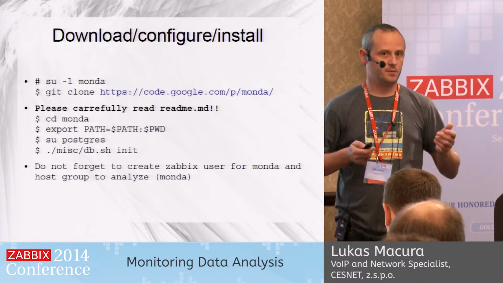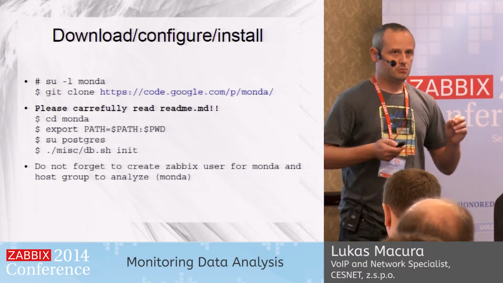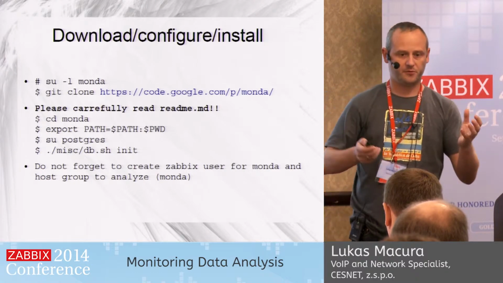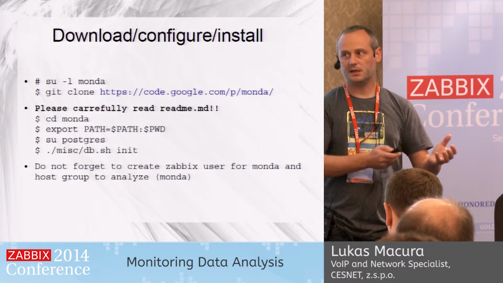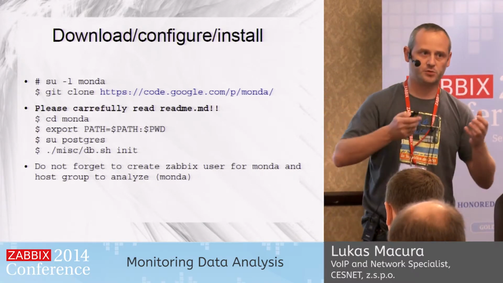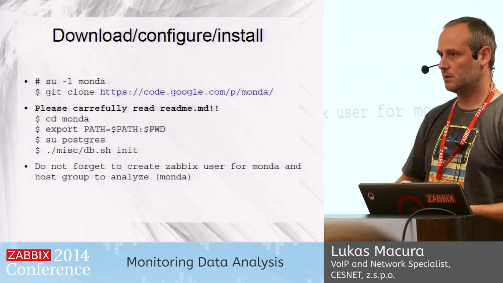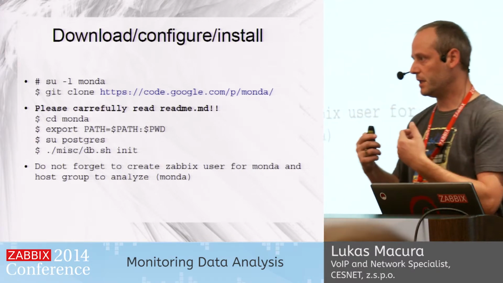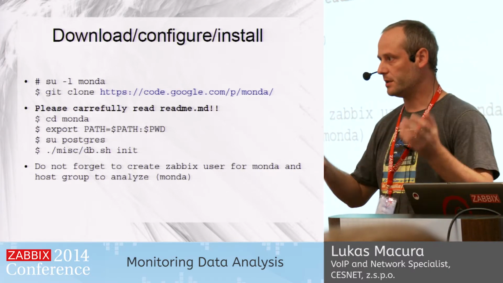to set some database, and I would say one of the design goals of Monda is to have two databases, one for Zabbix, one for Monda. It can be one database, but it's recommended to use two databases because Monda can do its computations and Zabbix is not affected. We only take the data from Zabbix, and after it we can do some next operations.